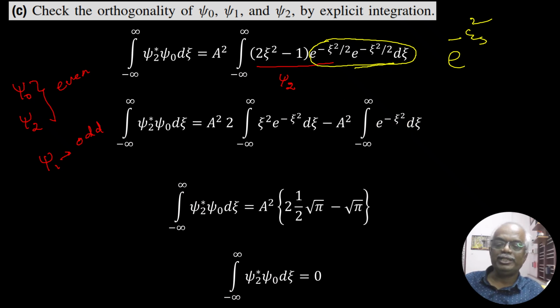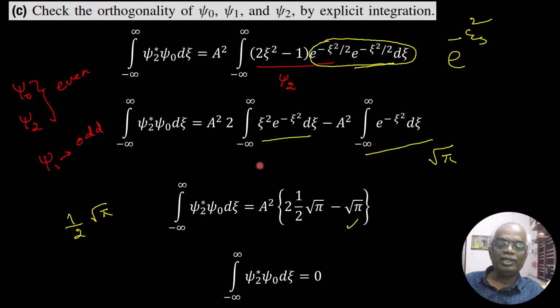What is the integral of e power minus z squared? Using the Gaussian integral, this is square root of pi. So that I have written. What is this value? This value is equal to half square root of pi. So this is using the Gaussian integral.